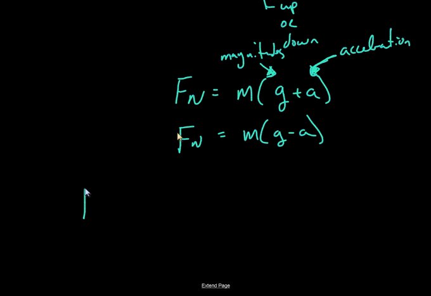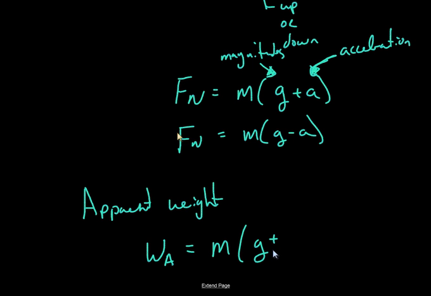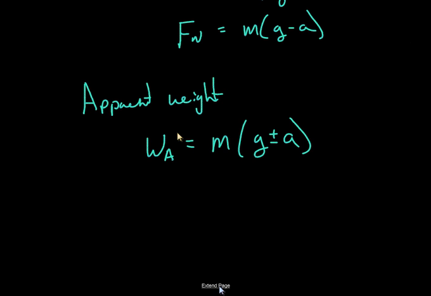What we can say is that your apparent weight, which we can just call WA, will be equal to m(g plus a) or m(g minus a). Okay? Let's do two examples.